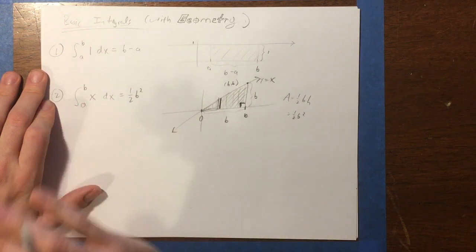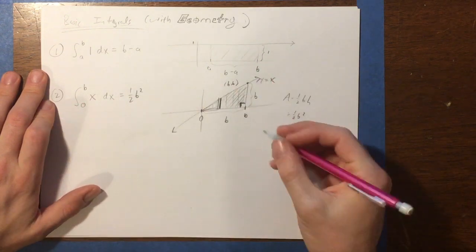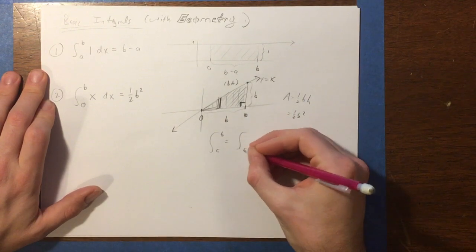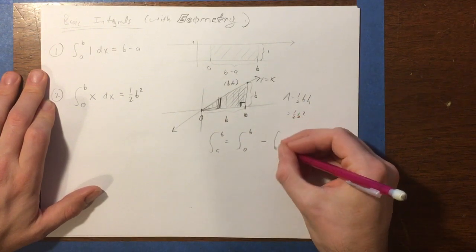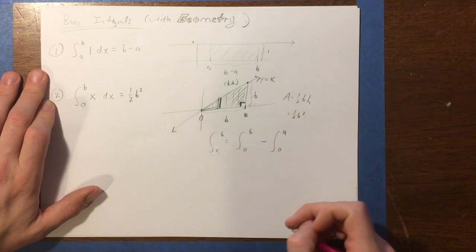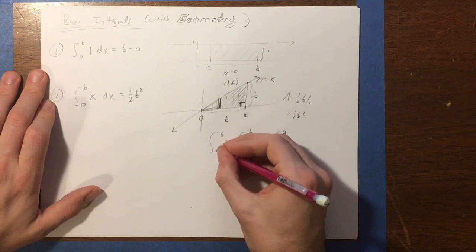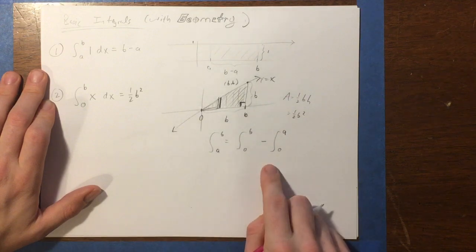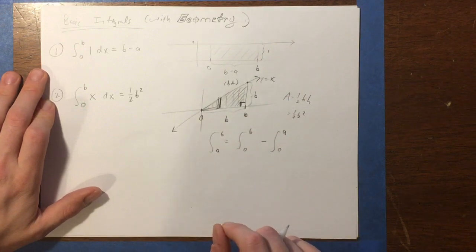So in integral terms, you can say the integral from a to b is going to be equal to the integral from 0 to b minus the integral from 0 to a. And if you play around with this a little bit, you can justify this using the properties that I described in the previous video.